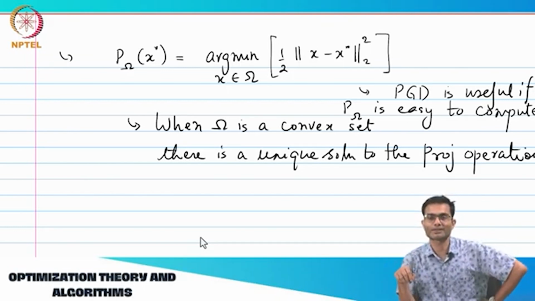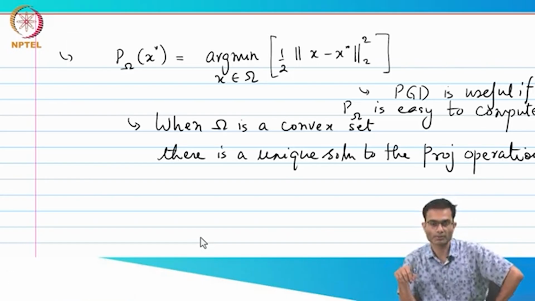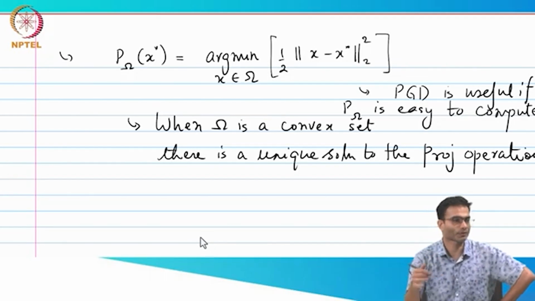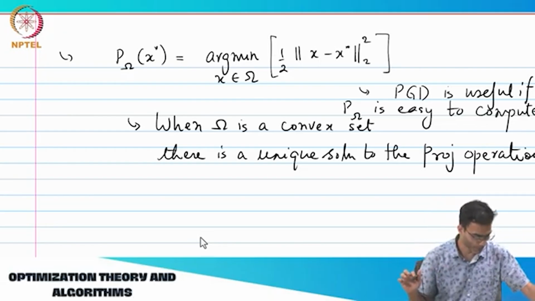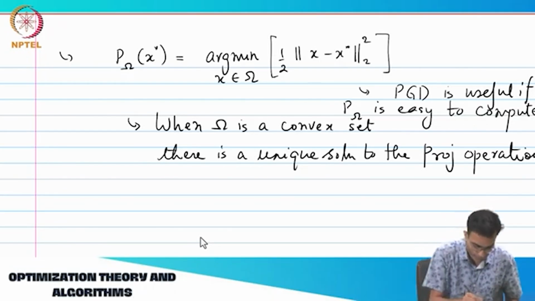This makes our life very easy, or rather simple: if my constraint set is a convex set, then if I do the projection operation, if I solve this problem correctly, the point that I get is unique. This is something that is going to be very useful for me.